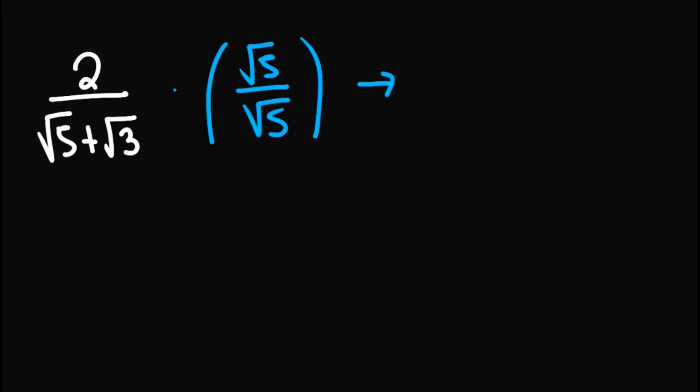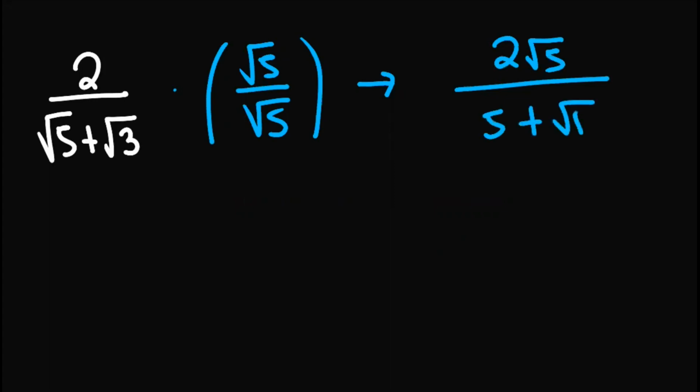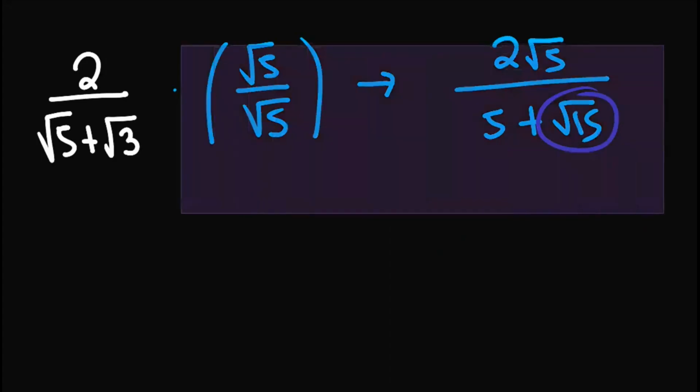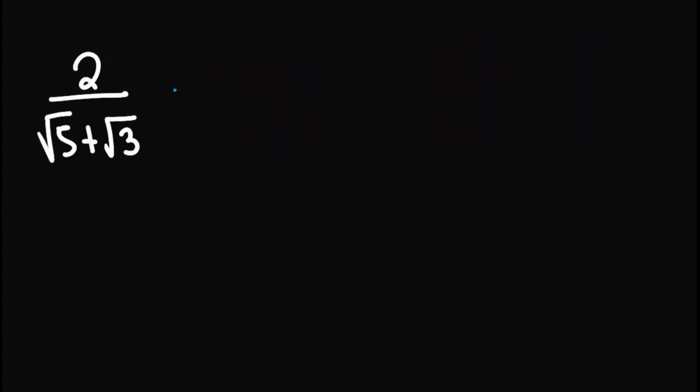Well, you can verify that upon multiplying square root of 5 over square root of 5, the outcome will be 2 square root of 5 over 5 plus square root of 15. So we still have a radical in the denominator. So what should we multiply instead?